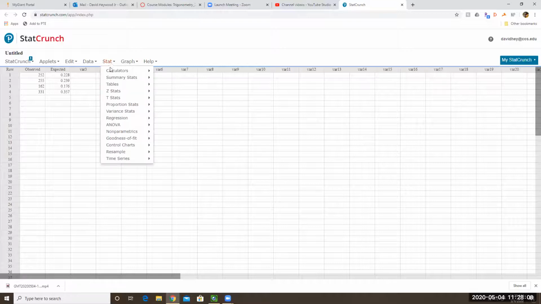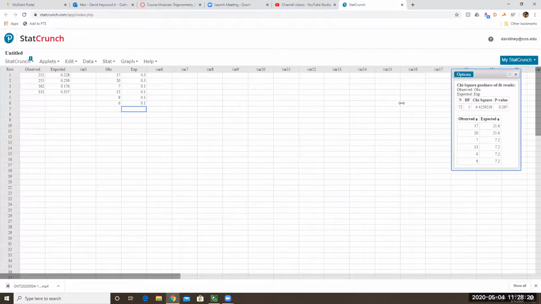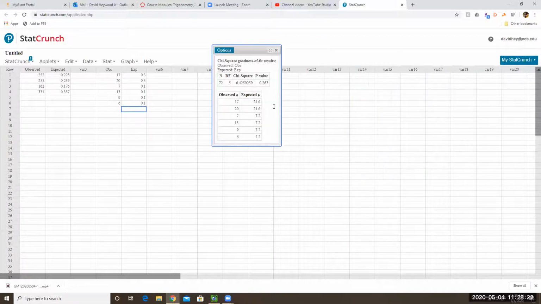So stat, goodness of fit, chi-square test. We want to compare the observed counts to the expected counts. Oh, I was wrong. We're not rejecting the null hypothesis. That's an even larger p-value than the previous example. So I guess there's not enough evidence to reject the null.